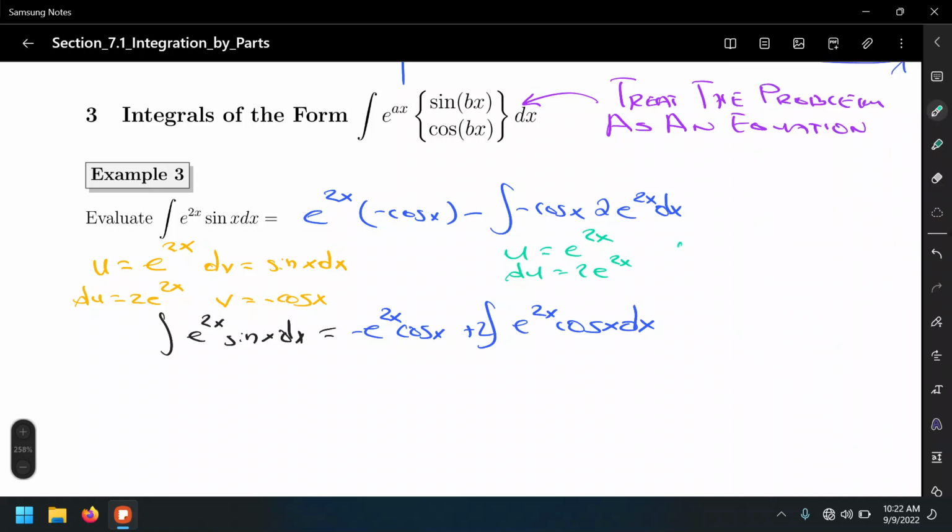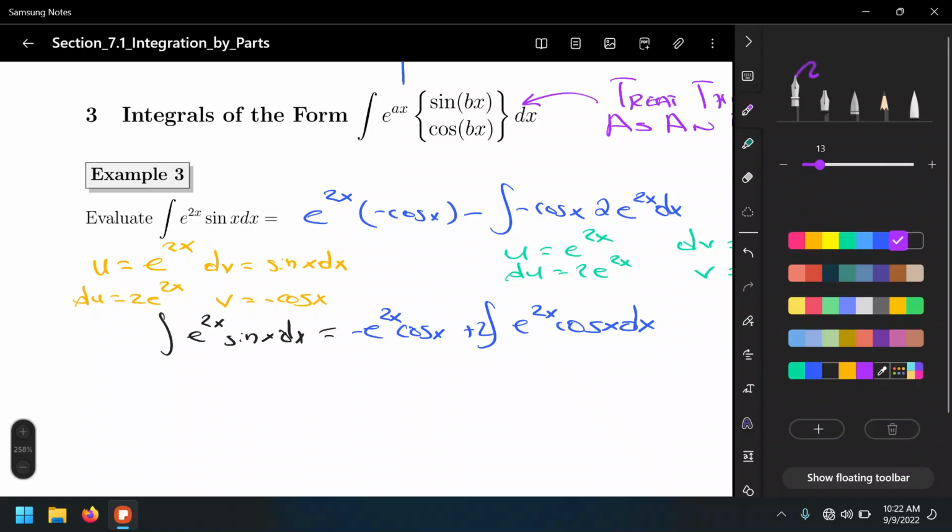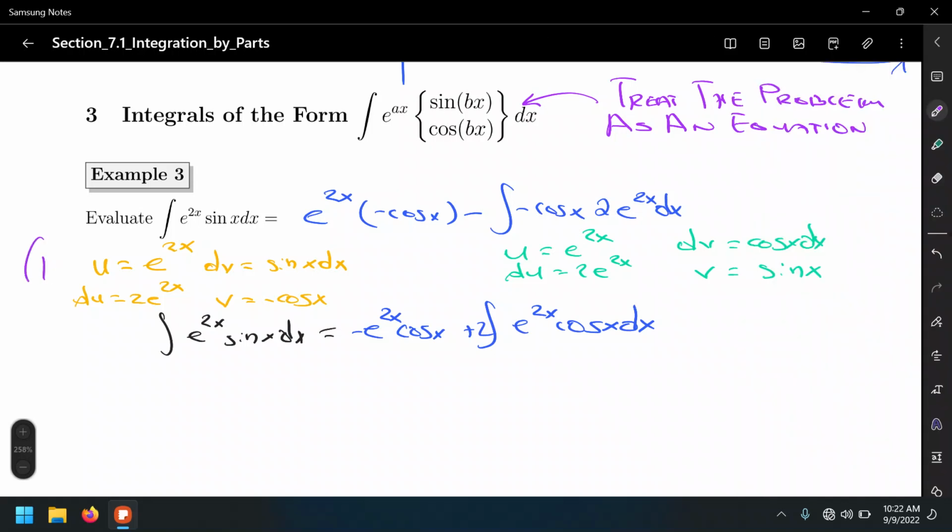From there, dv equals cosine, and v equals the integral of cosine, which is sine. Let's label this as number 1 and number 2 to denote that this is the first time we did the integration by parts, and number 2 is the second setup for the integration by parts.